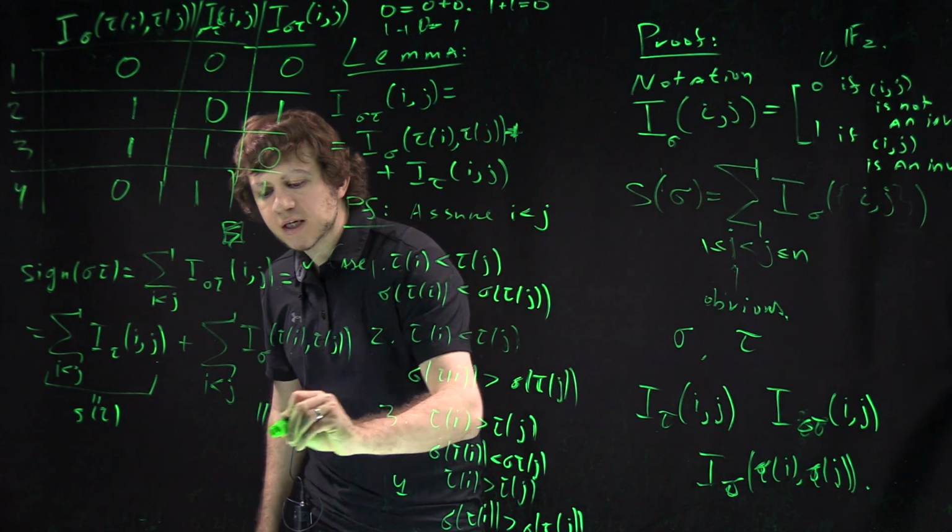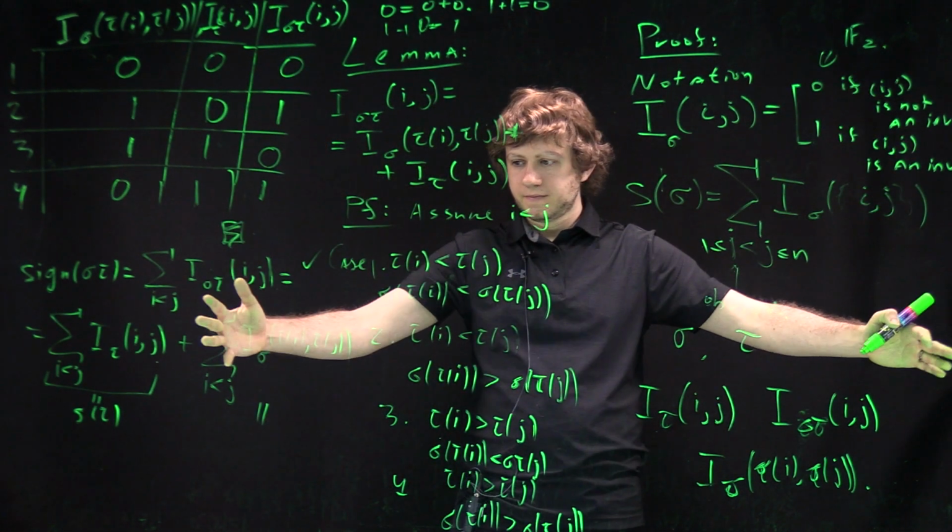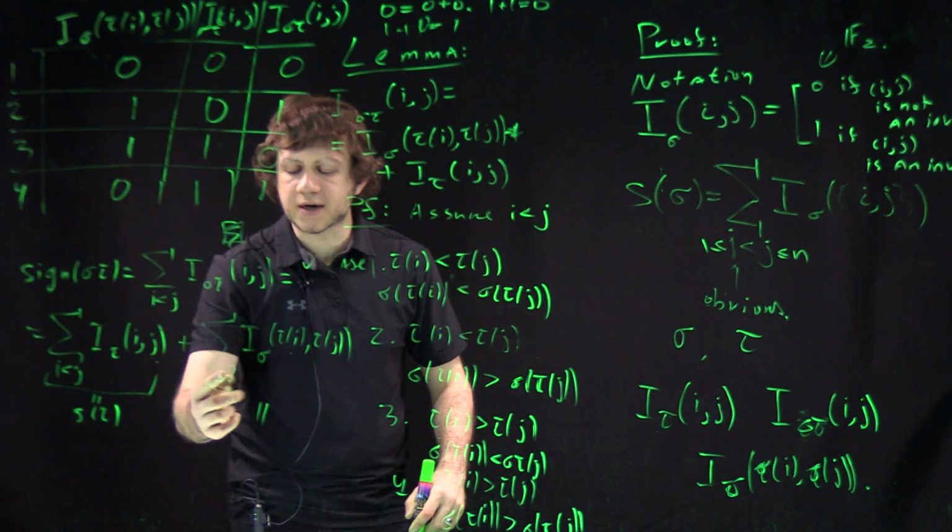But actually, if you think about it, you just add numbers. And you add numbers over all pairs ij.